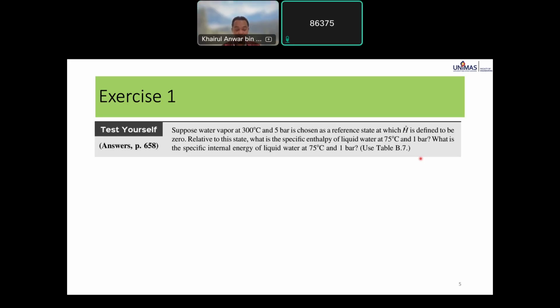Ya, enthalpy ni, table B7. So 1 bar, 75 degrees C, H is 314.0.